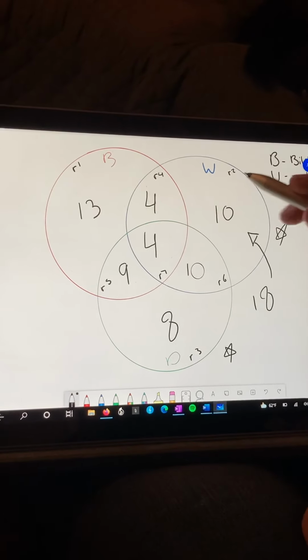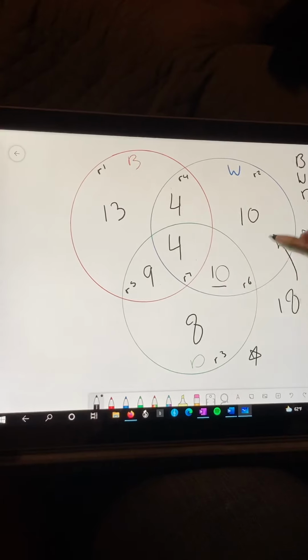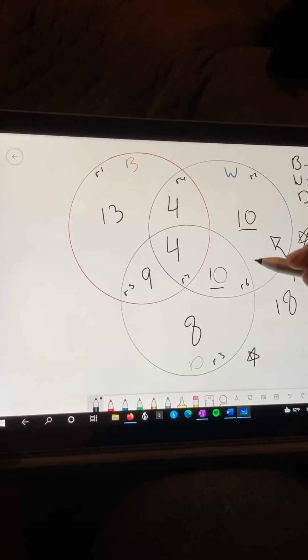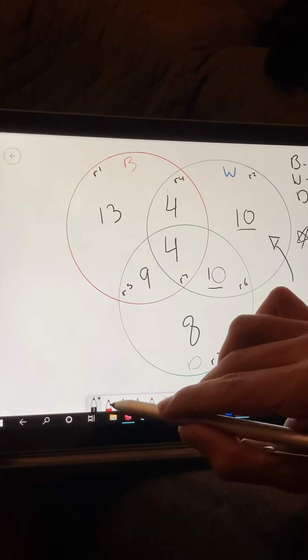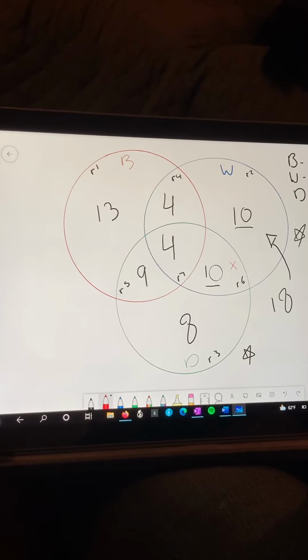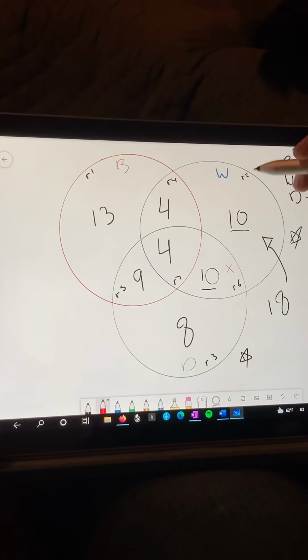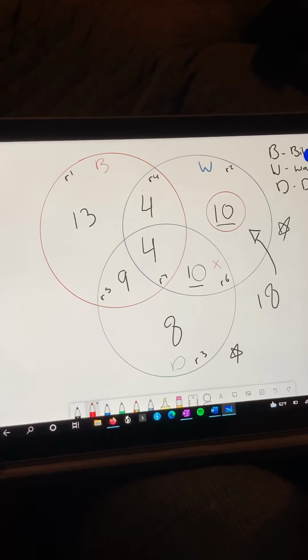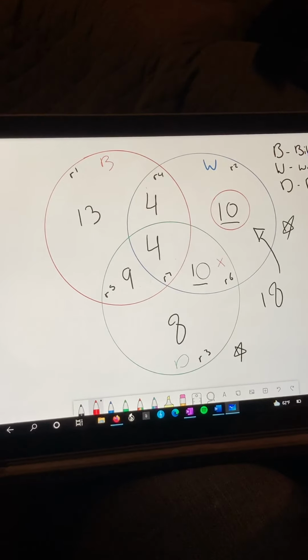Well, considering that the only 2 options for the number 10 are those who exclusively walk and those who walk and drive, we can conclude that region 6 is not an option. Therefore, it must be this 10 specifically that completes the objective for our last and 8th detail.